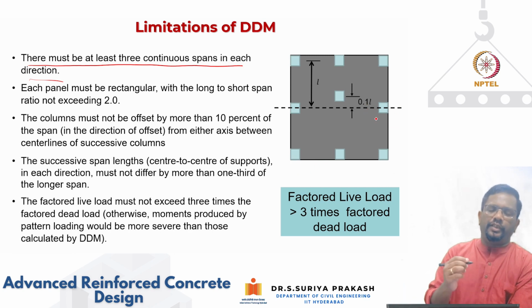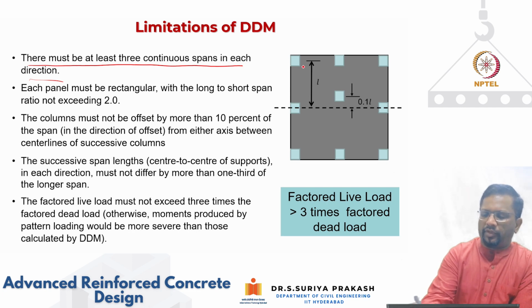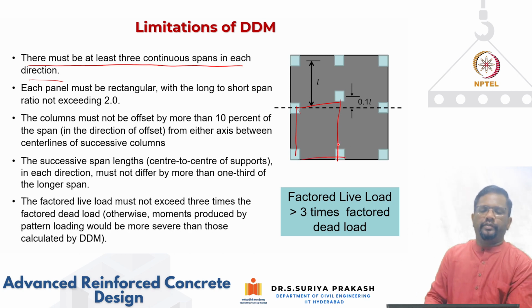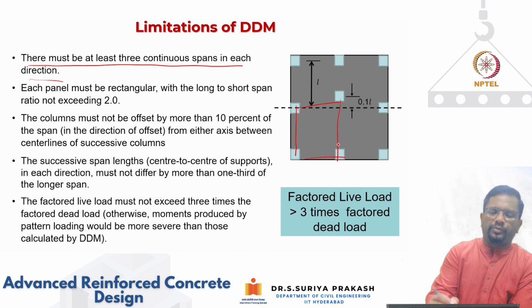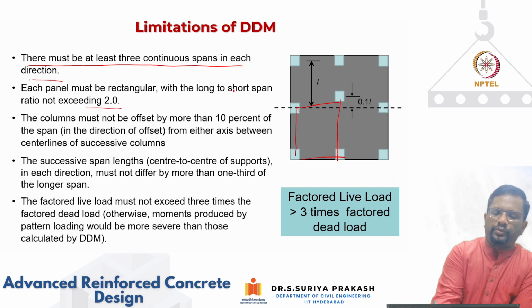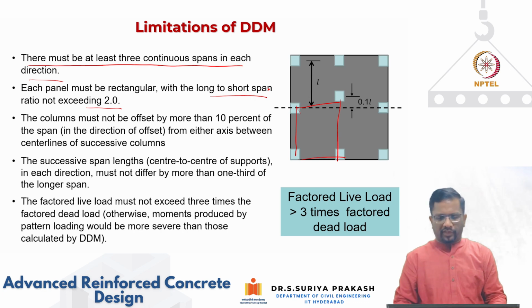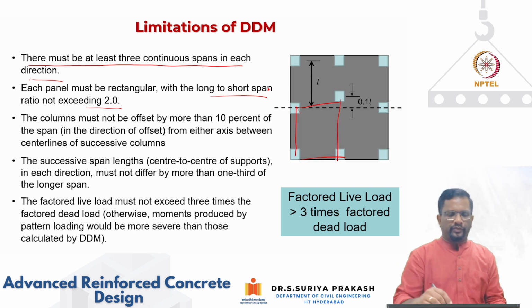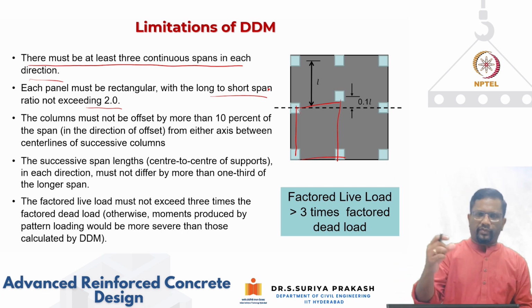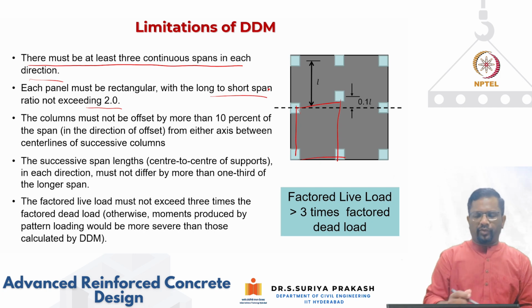Next condition is each panel. For example, let's say this is one panel that we are taking. They have to be rectangular with the long to short span ratio not exceeding 2. So you can see that each panel has to be more or less rectangular. A little bit of offset is allowed, which we'll discuss in the next point.